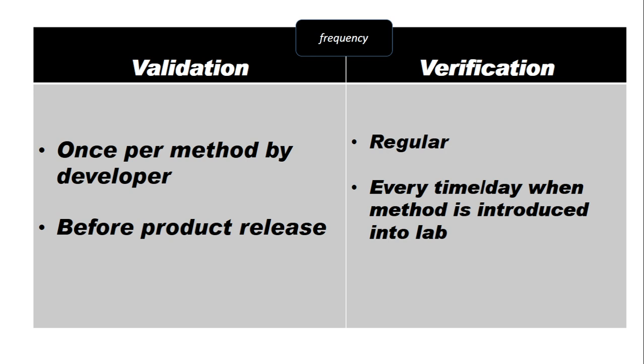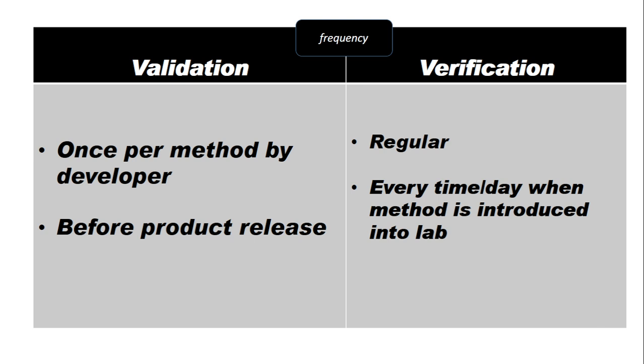Now frequency. Validation is done once per method by the test developer or manufacturer; we can say before release of the product, validation is done, but verification is regular. Every time we run different levels of quality control samples in our lab is a part of verification.